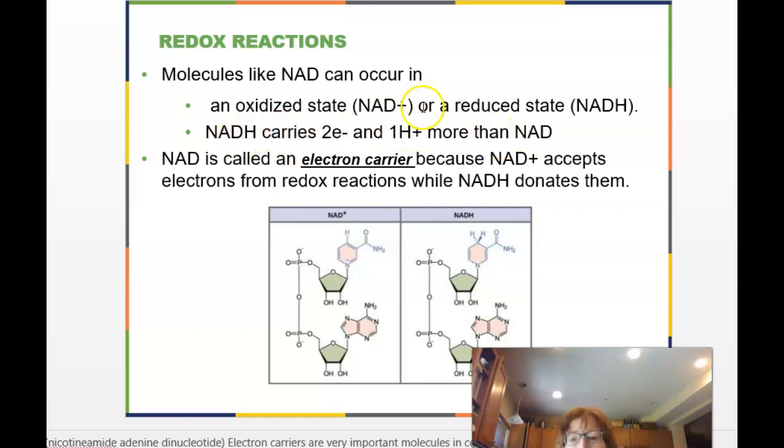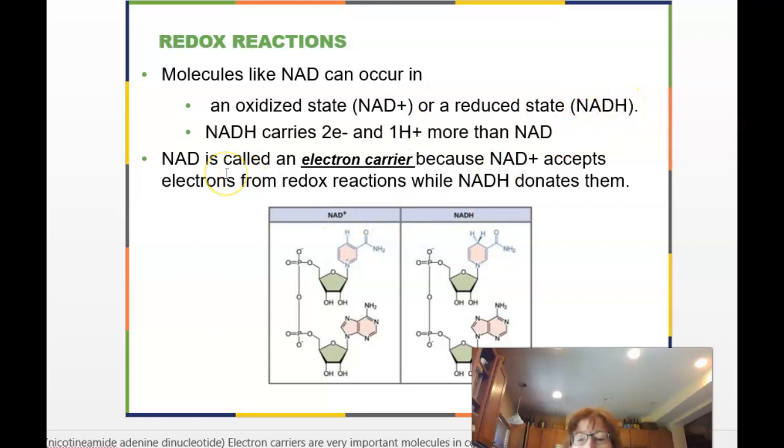So NAD, notice it has a plus here, which means, as you know, it has a positive charge. That means it's missing one electron to start with. But if you put this hydrogen on it, so now we don't see the plus charge anymore, and we have the hydrogen, what that really means is that it gained 2 electrons. One of those electrons took that plus sign away, and the other electron is coming along with the hydrogen that we see on this molecule now.